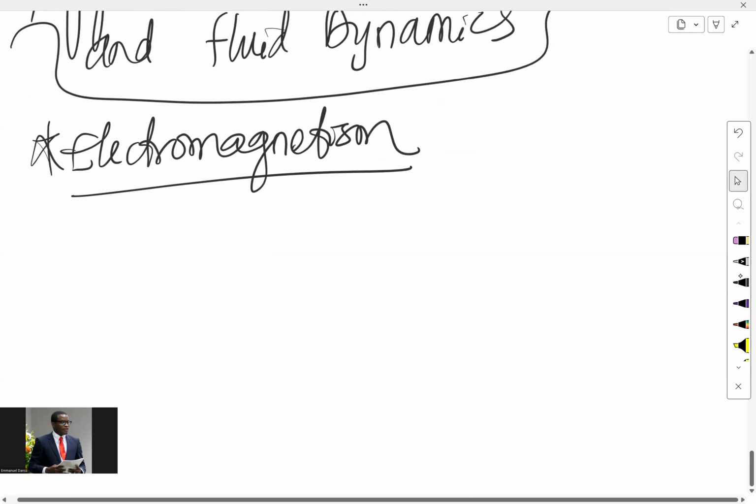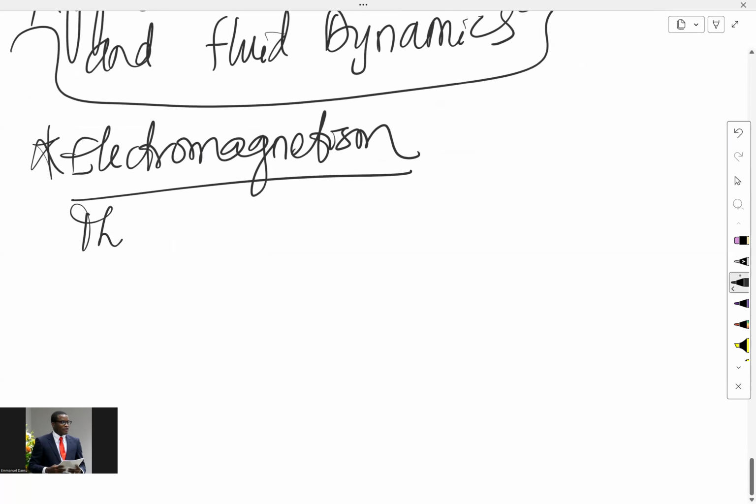So for electromagnetism, the electric field, okay. Let's talk about gradients. We are talking about partial differentiation of vectors, so gradient is the first of them.